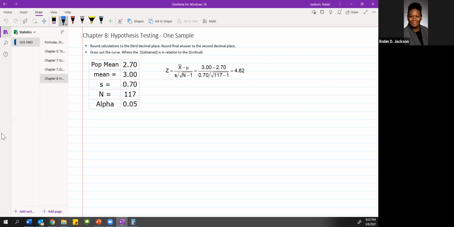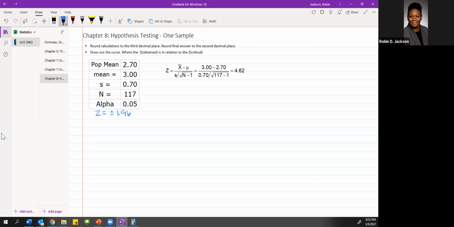And we have an alpha of 0.05. So I could go ahead and say that my Z is going to be equal to plus or minus 1.96.